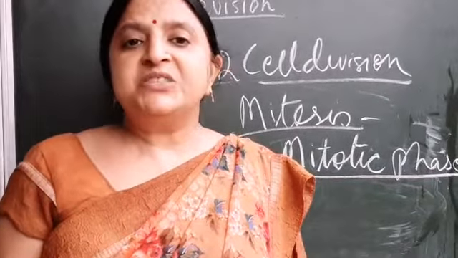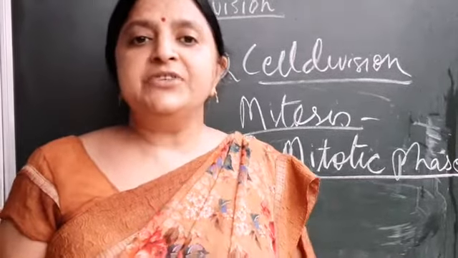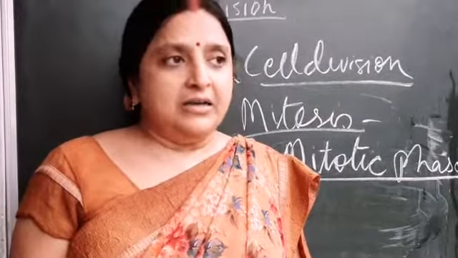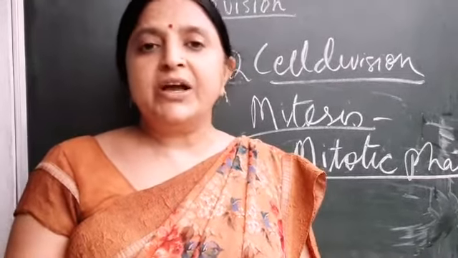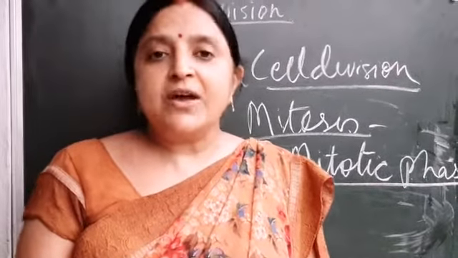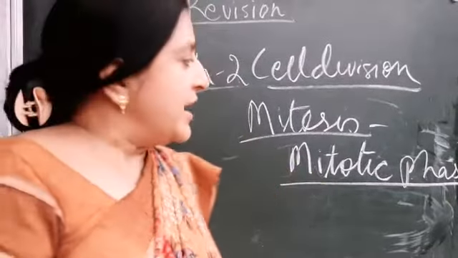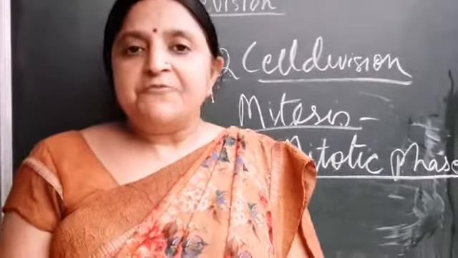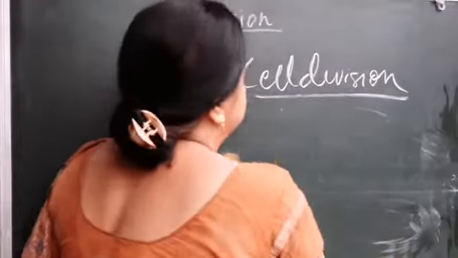In cell division, first the nucleus of the cell divides, and after the division of the nucleus, the cytoplasm divides. In this way it has 2 steps: karyokinesis means division of the nucleus, and the second is cytokinesis, meaning division of the cytoplasm. Now karyokinesis involves some phases. The first phase of karyokinesis is prophase.